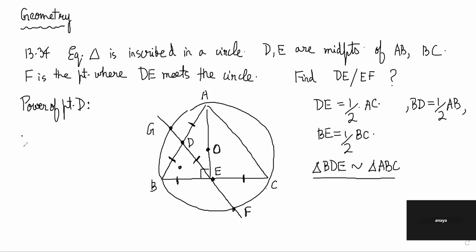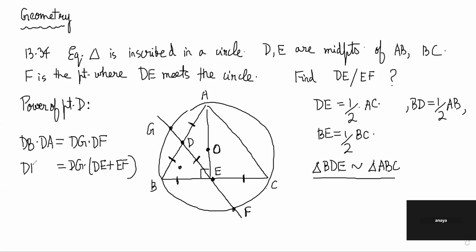So it is equal to DB into DA and is also equal to DG into DF. DF is going to be DE plus EF, and DB and DA are all equal to DE.